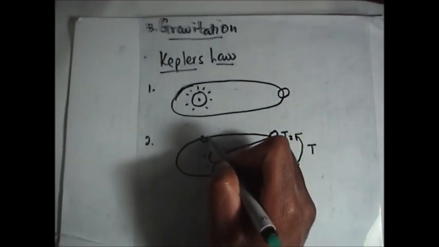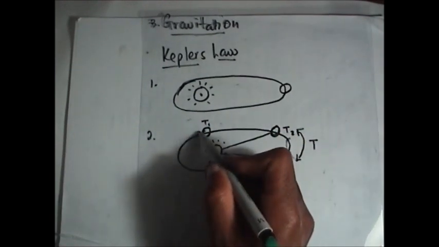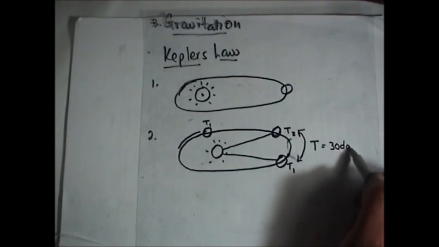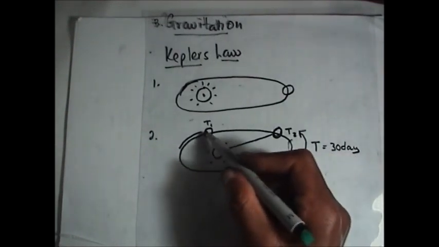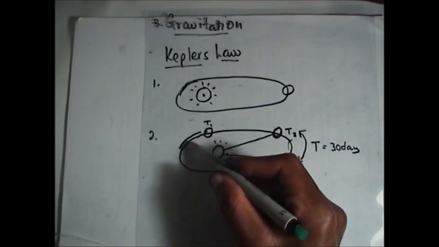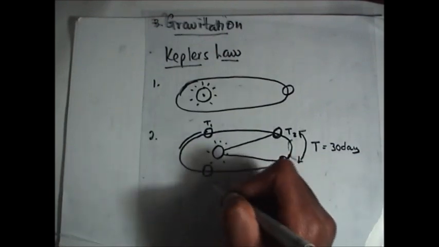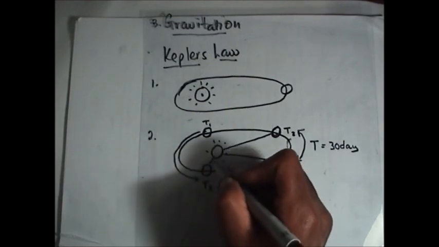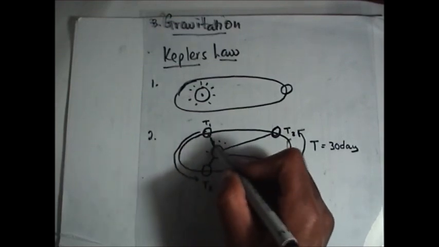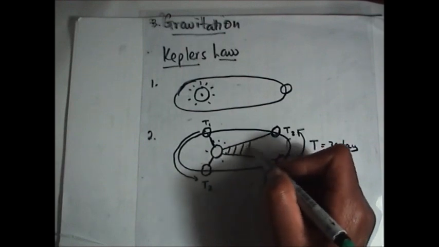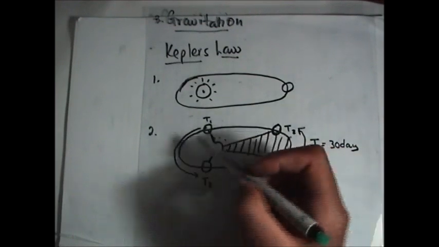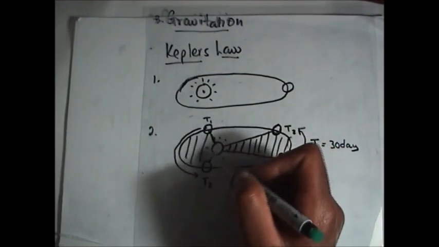So if I start at this point as my t1, in 30 days it will be maybe at this point here, t2. After those 30 days, this line joining the planet and the sun will sweep out equal areas. So when it's on this side, it sweeps out this area, and when it's on that side, it sweeps out this area.